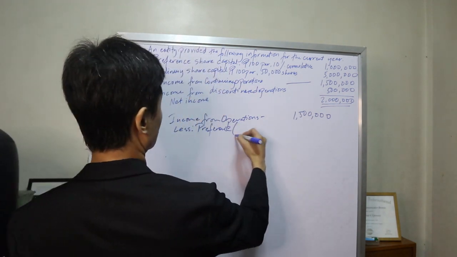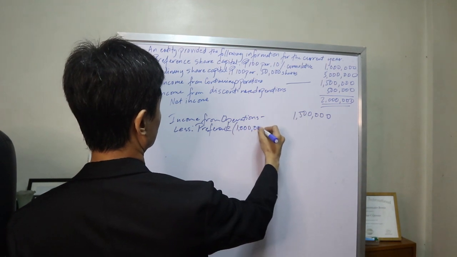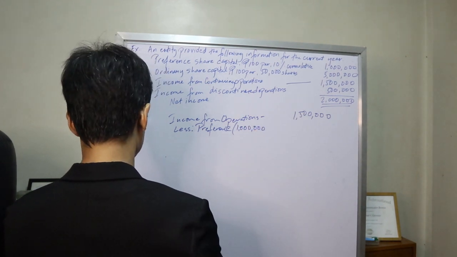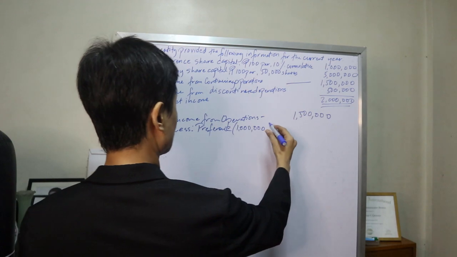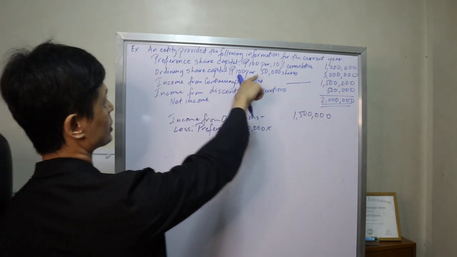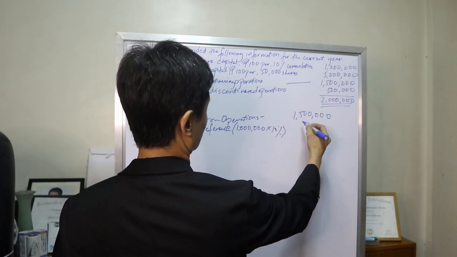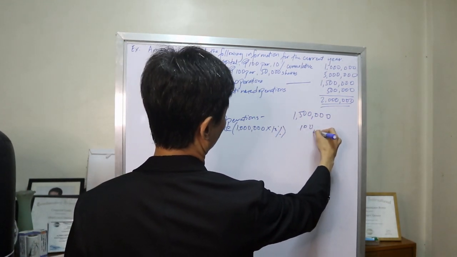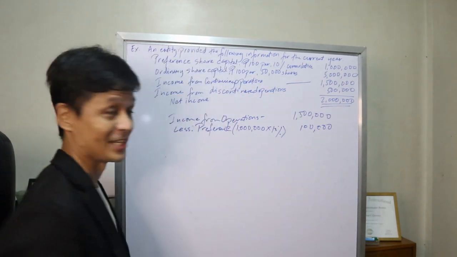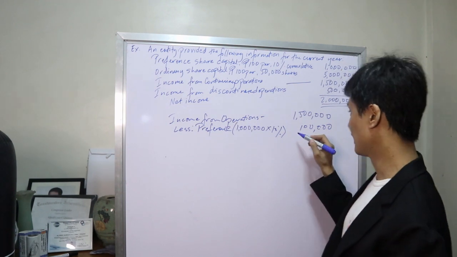So this is how to compute for that. So this is 1 million, as we can see here. Okay, so 1 million, multiply this by its percentage, which is 10%. So as we can see here, ililess natin ito.